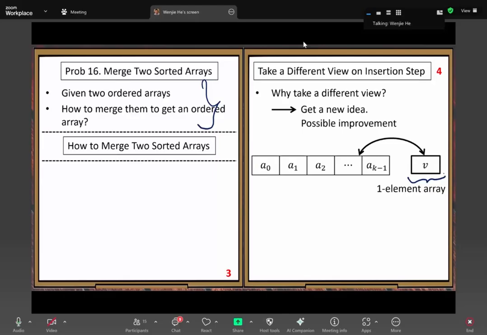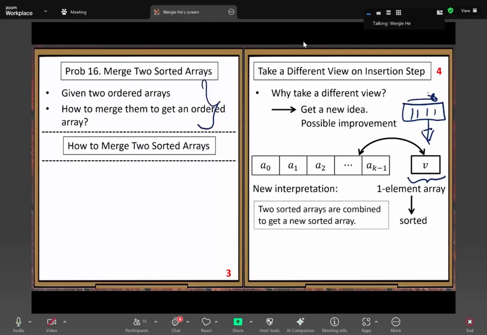So for the merge case, we make it more general. This subarray we make a general ordered array. We generalize that insertion step. So that's the relationship.